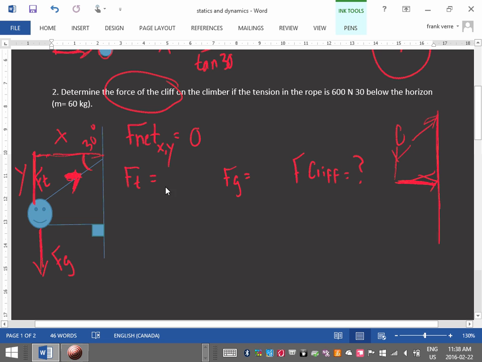So let's resolve the x component. What would that be? So it's 600. I should tell you that. The tension is 600. So it should be what? 600 times cosine 30. Okay, what does that give you?